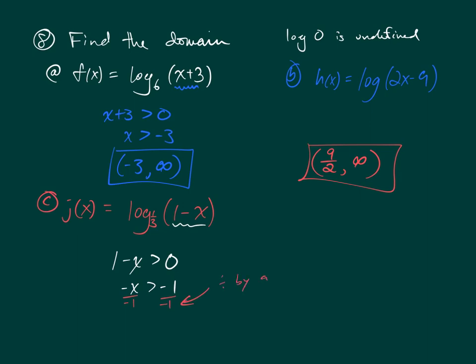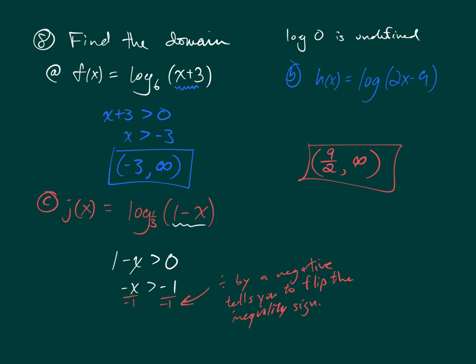Dividing by a negative tells you to flip the inequality sign. So I'm dividing by a negative. It's the fact that this number down here is negative.